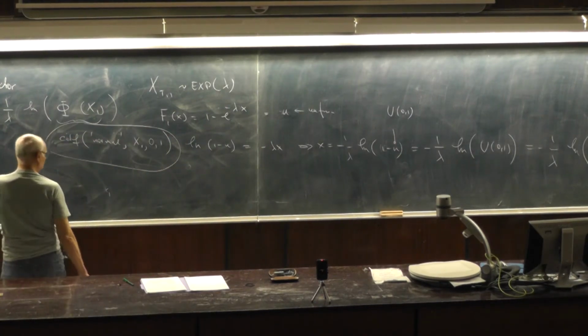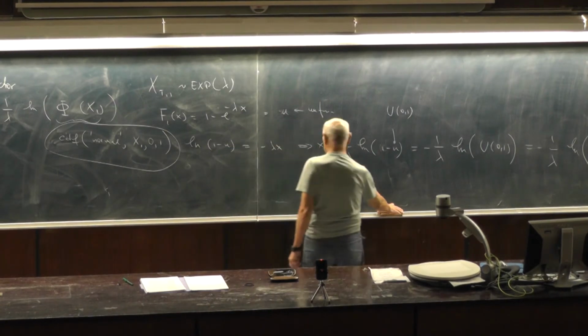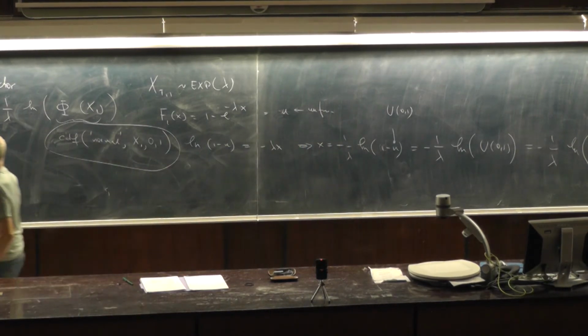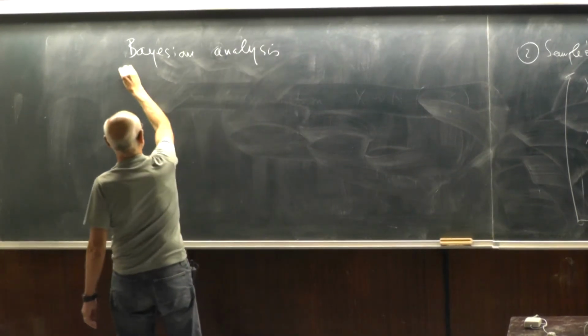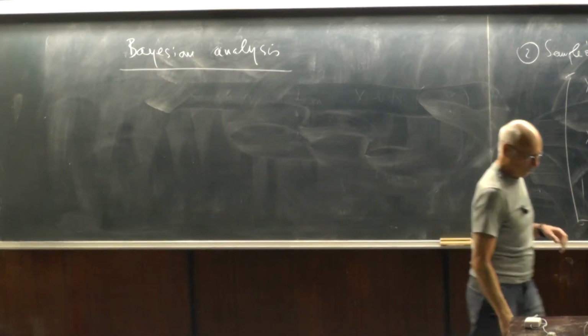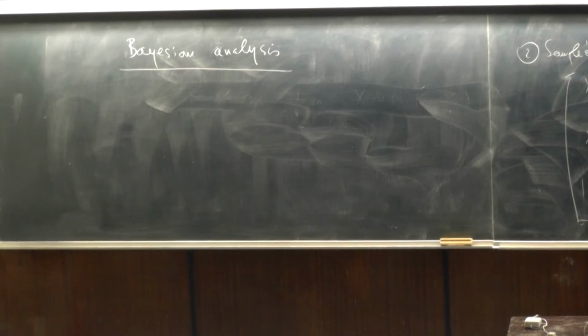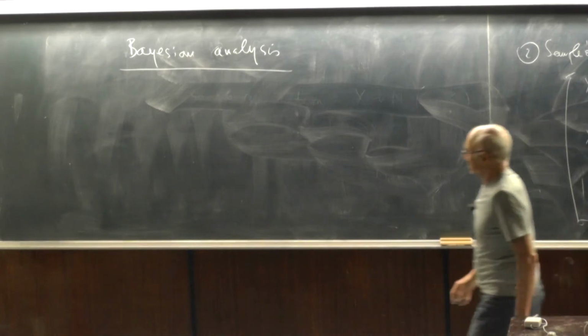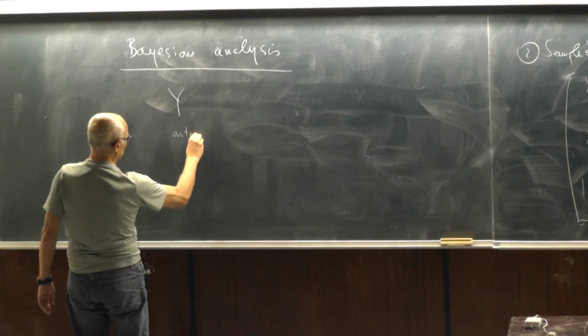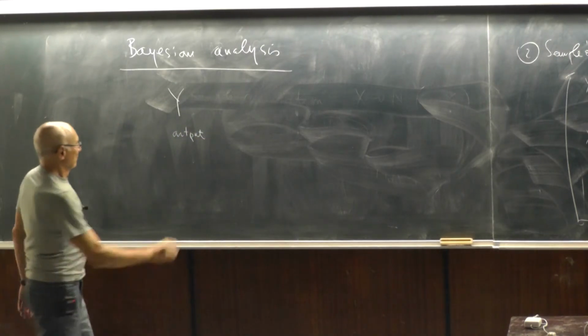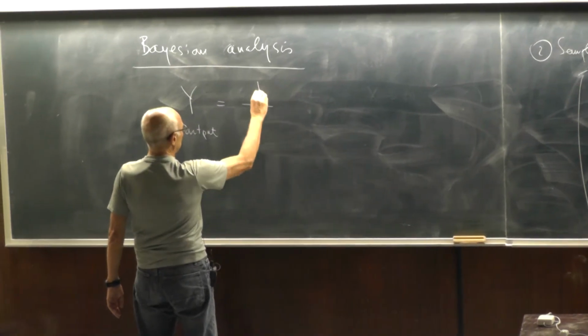So let's try to do something else. Bayesian analysis. And this is an input-output relationship, I consider. Y is the output. And I simplify significantly.